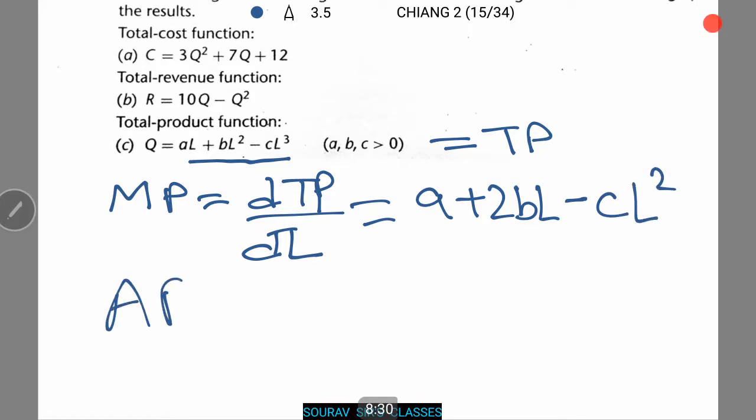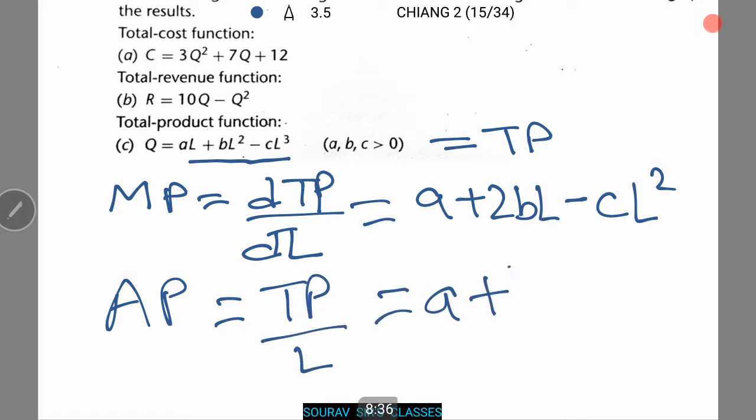For the average product, TP by L equals A plus BL minus CL square. That is, we just divided this function by L.